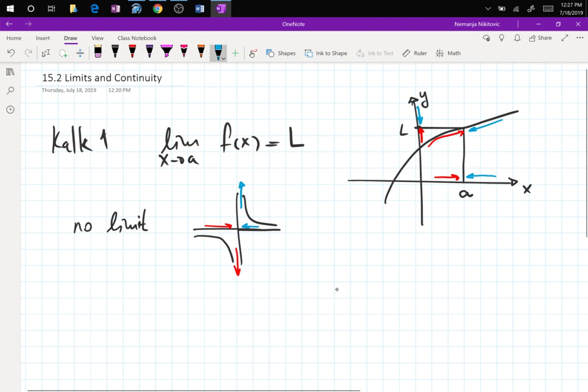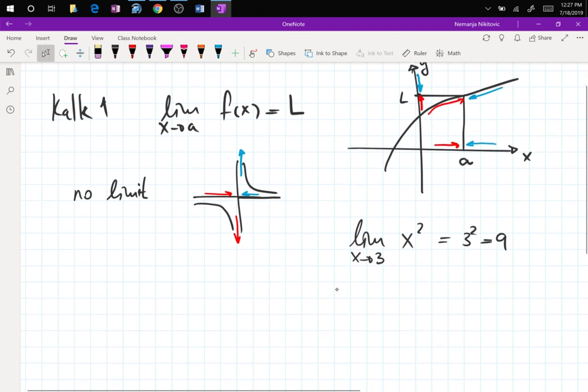So what is a limit? A limit is a fancy way to compute y value. As simple as that. Now, sometimes that method is the same as just calculating the value of a function. So you have, let's say, the limit as x goes to 3 of x squared, and you just plug in 3, squared is 9, and you are done.